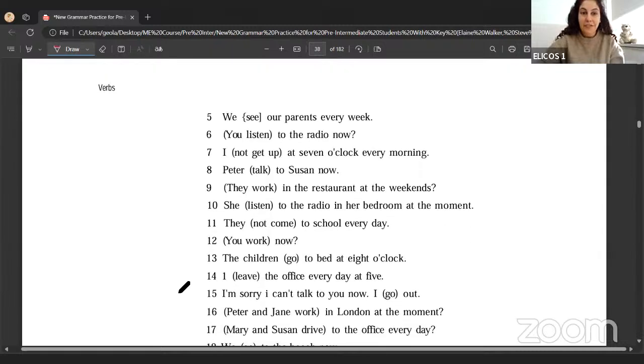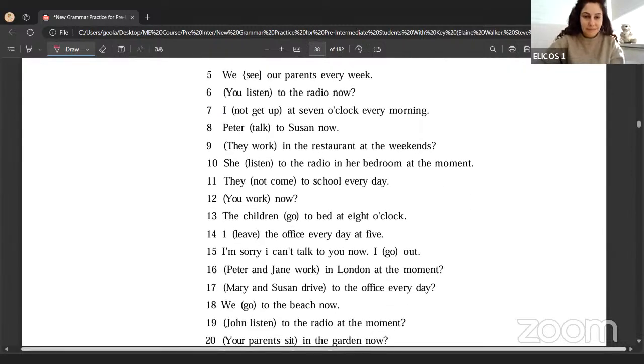Okay, 5 with Peter. 5. When asked of. It sounds like it's a routine because it's got every. So what do I need to use when it's a routine? Because it's not saying now. I'm not saying we are seeing my parents now at the moment, but the simple, because it's a routine.